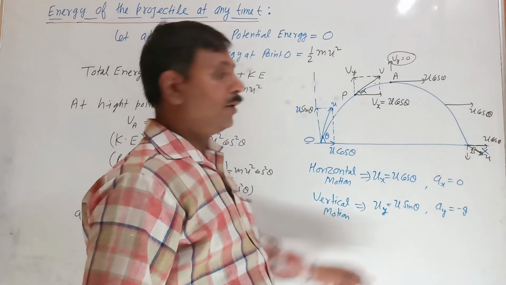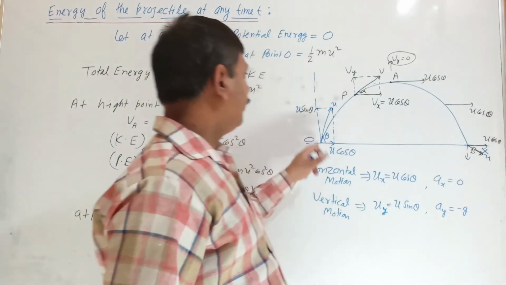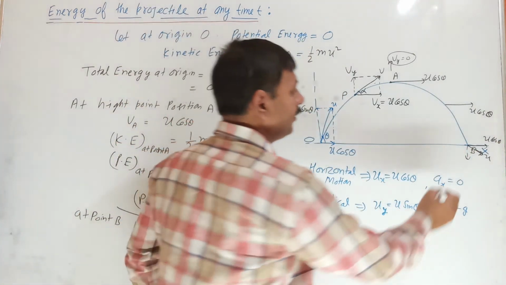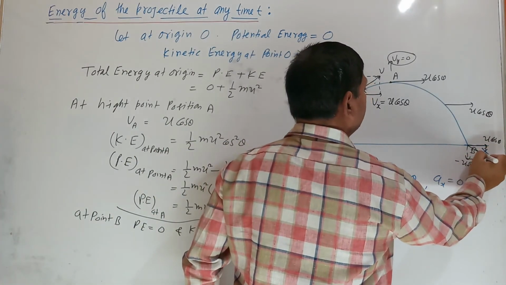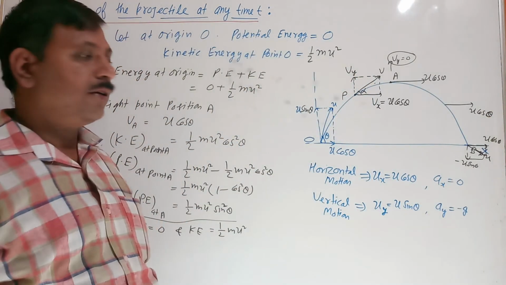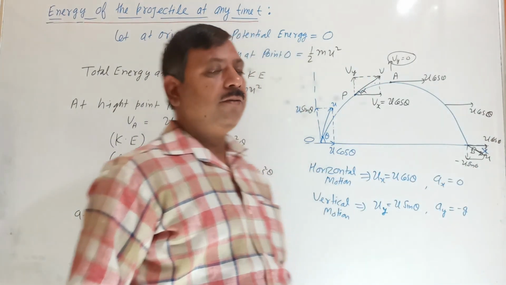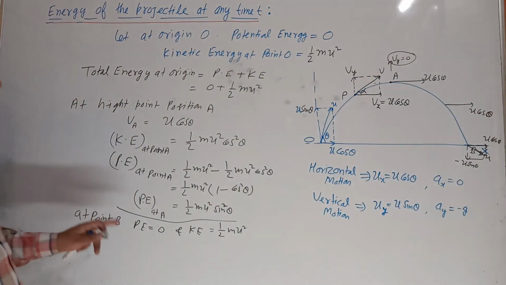The vertical component will be u sin theta upward, and here downward it is minus u sin theta, and u cos theta will be the horizontal component, and net velocity will be u.